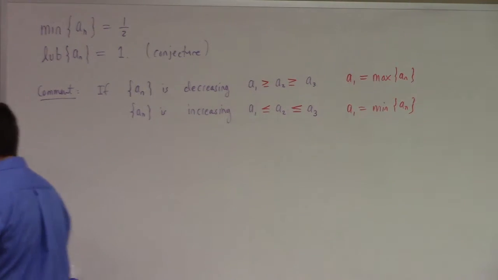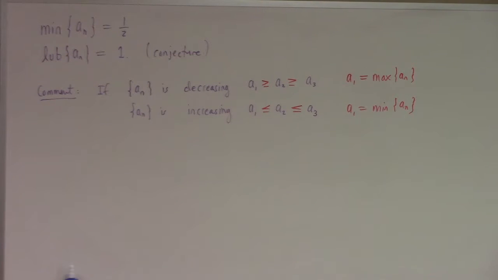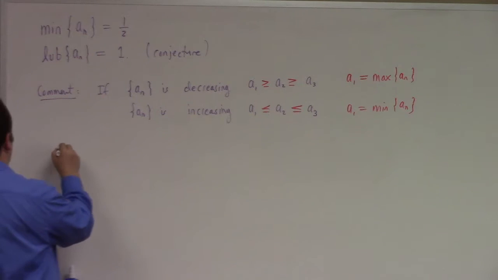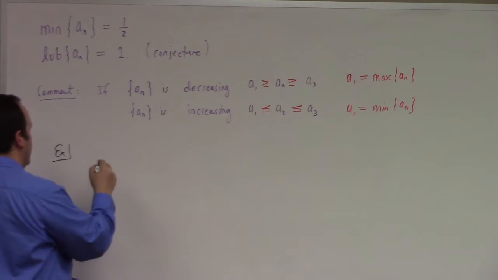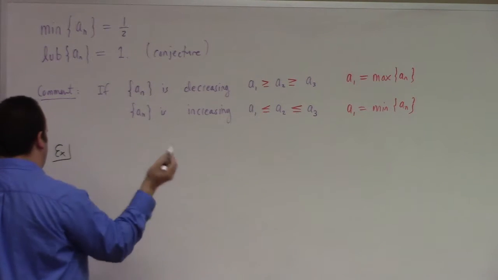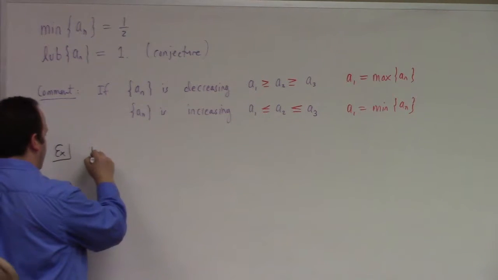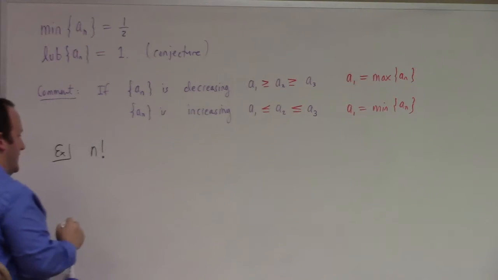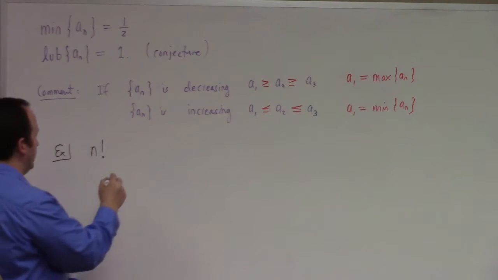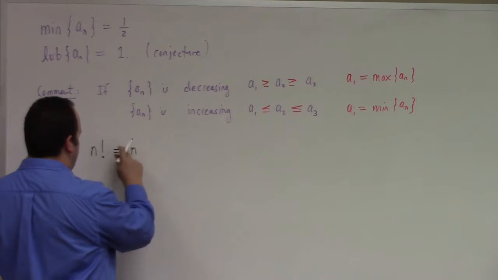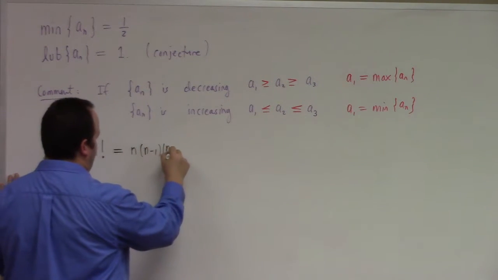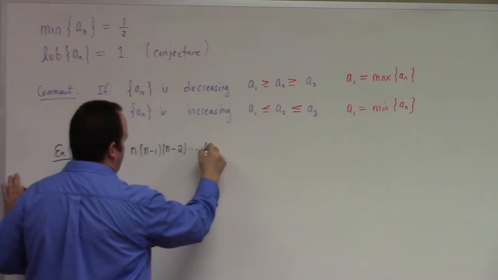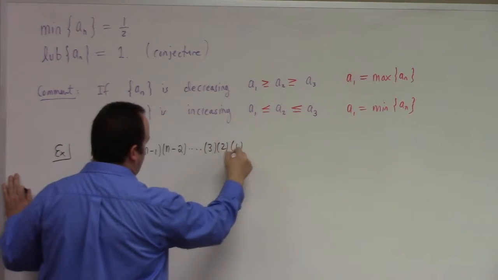Okay. Let me show you another example. And here we're going to introduce a new thing. I'll do this just as an example, actually. So this is called the factorial, n factorial. What is n factorial? n factorial is n times (n minus 1) times (n minus 2) times ... times 3 times 2 times 1.